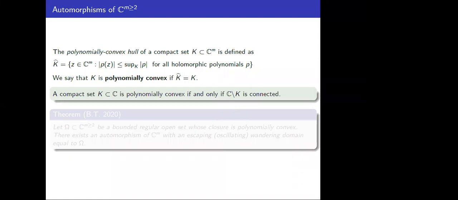So polynomial convexity in dimension 1 is basically saying you don't have any holes inside your compact sets. Unfortunately, in higher dimensions, there is no such nice geometrical characterization of polynomially convex sets. We can have sets with some holes as well. So it's non-trivial topology, and things are slightly more complicated to verify if something is polynomially convex or not.